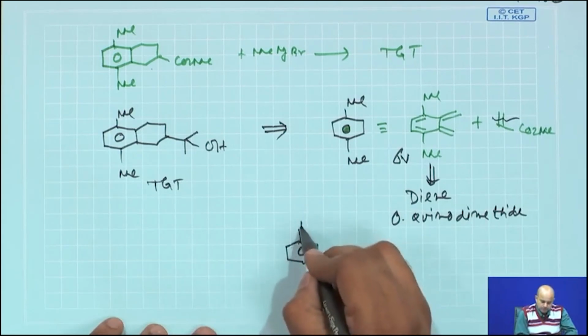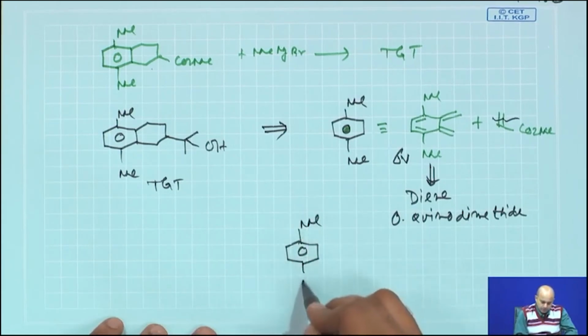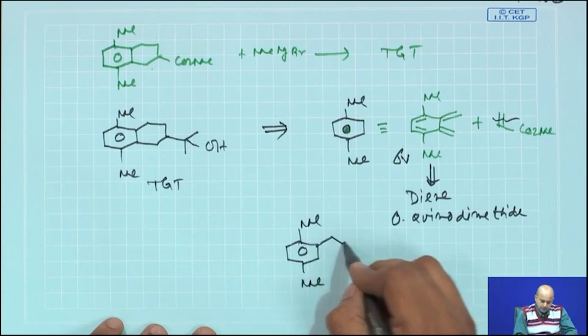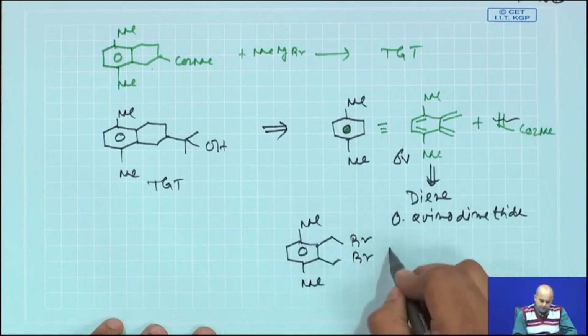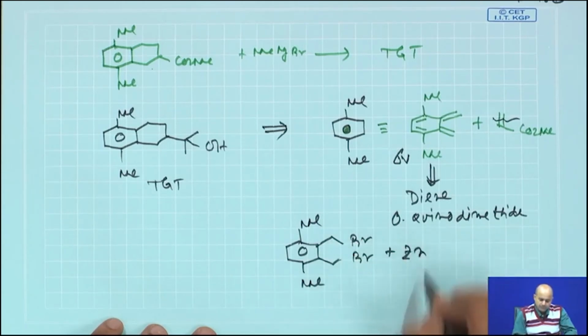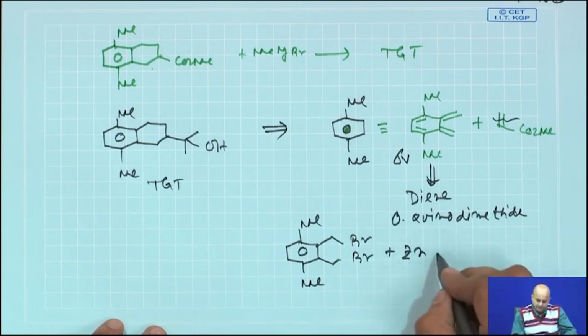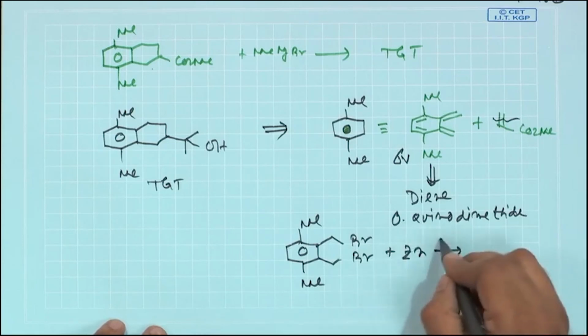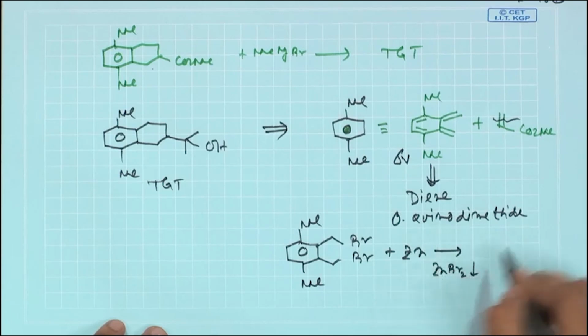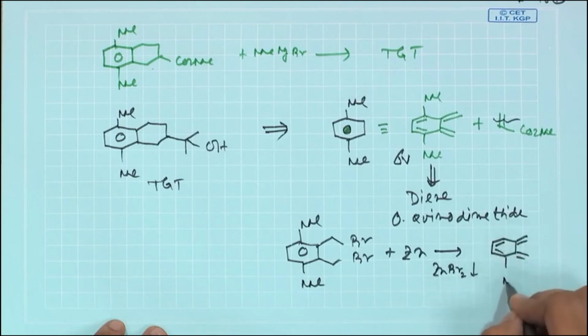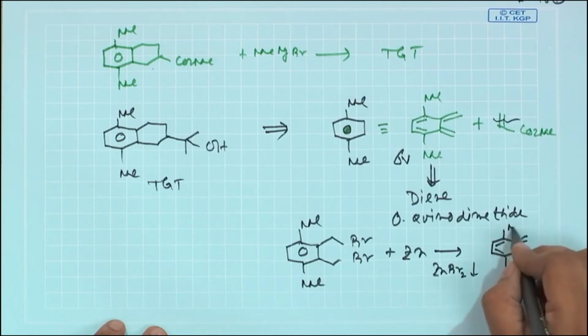Now, how can you generate this kind of intermediate? The usual way to generate it is you take the corresponding dibenzylic bromide and react with simple metallic zinc. If you react with metallic zinc, ZnBr2 will precipitate and you basically get the orthoquinodimethane as a diene.